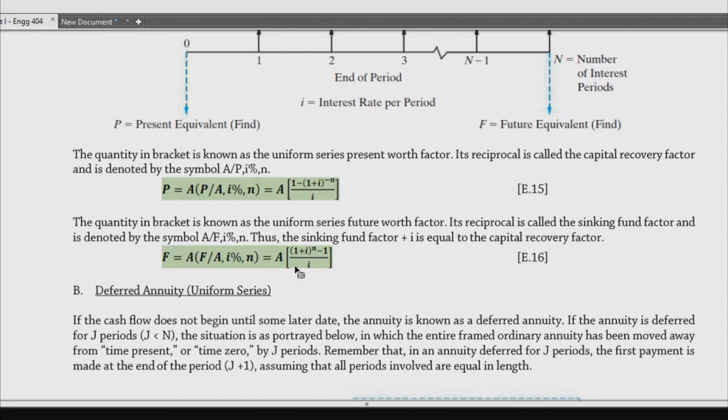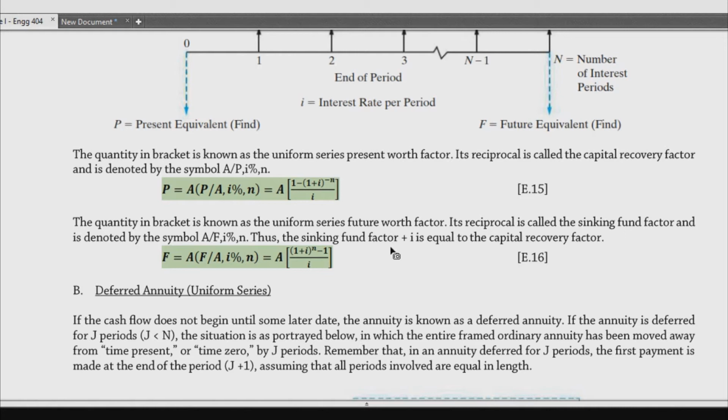Now, if you have a future worth, for example, yung worth ng 20,000 after n years would be 40,000, and then I want to find that annuity that you'll be able to give me kung meron kang certain value of this future worth, I have to multiply that future worth by the sinking fund factor. So that is the reciprocal of your uniform series future worth factor. And basically, if you add the interest rate to the sinking fund factor, then you should be able to get your capital recovery factor.